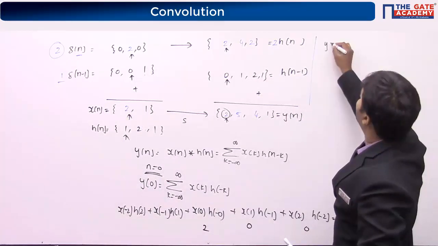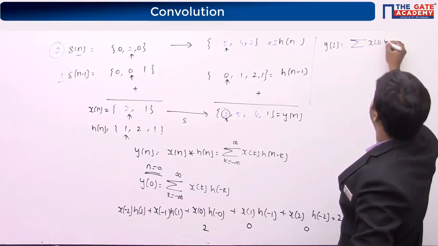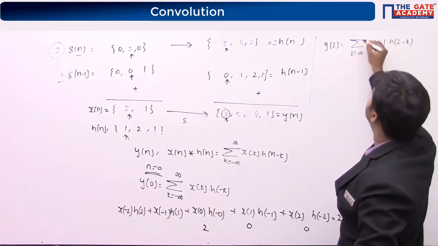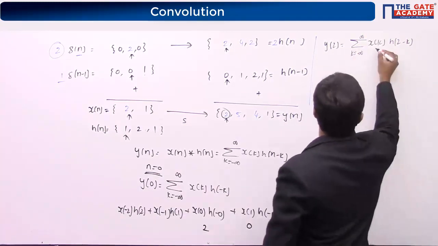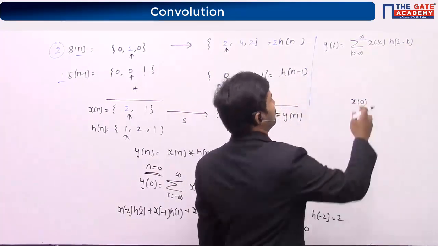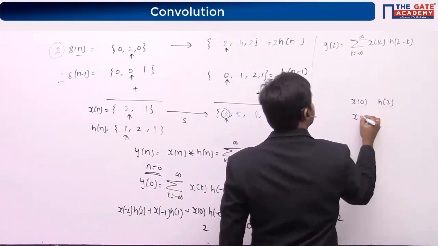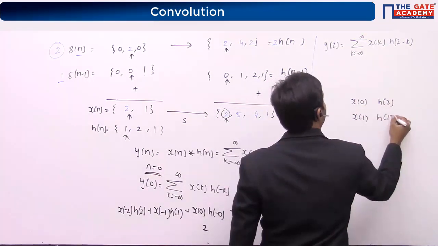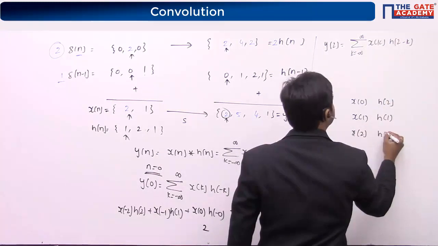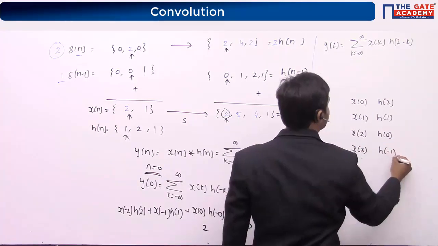So y of 2 will be, according to the formula, summation x of k h of 2 minus k, where k changes from minus infinity to infinity. Now let me take k equal to 0: x of 0, h of 2. k equal to 1: x of 1, h of 1. k equal to 2: x of 2, h of 0. k equal to 3: x of 3, h of minus 1.